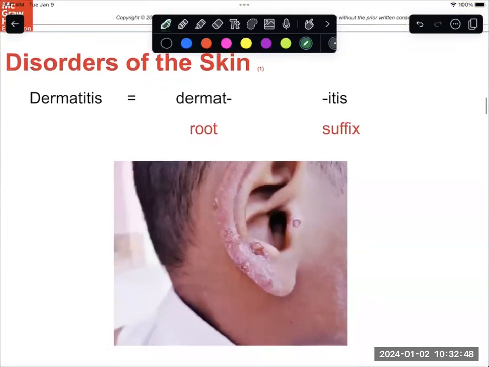One of those could be an allergen. Allergens are substances that, in most people, do not cause an immune response, but in some people they can cause an immune response.